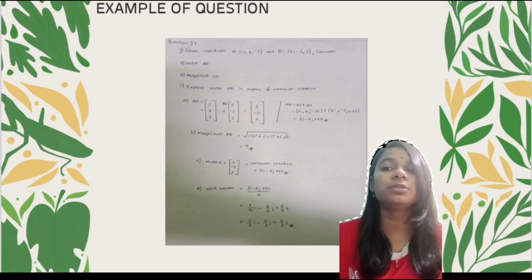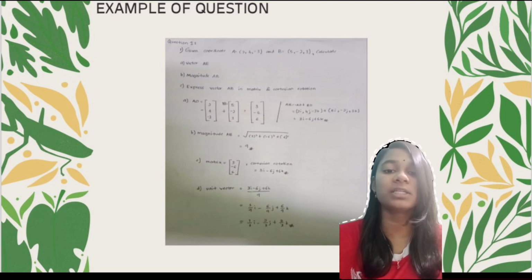Now we're going to find the magnitude of AB. First of all, we put the square root. After that, 3 power of 2 plus negative 6 power of 2 plus 6 power of 2. So we get 9. After that, we put it in matrix form and Cartesian notation.